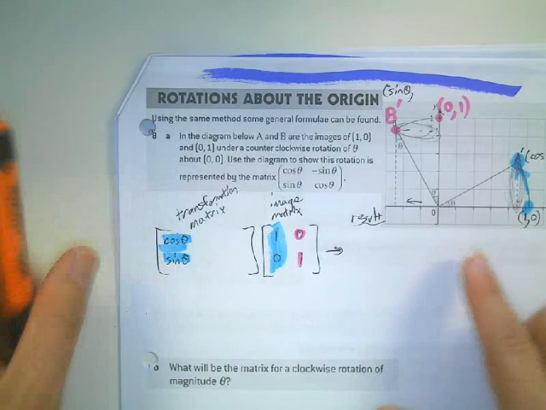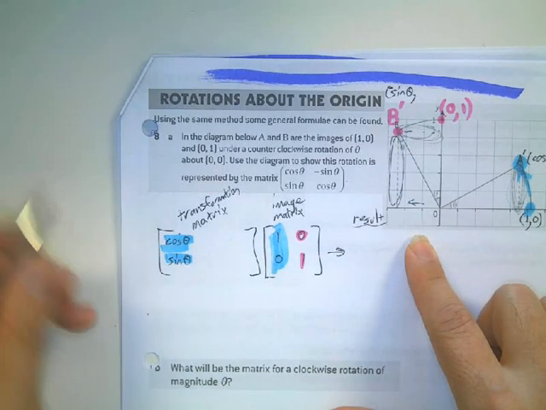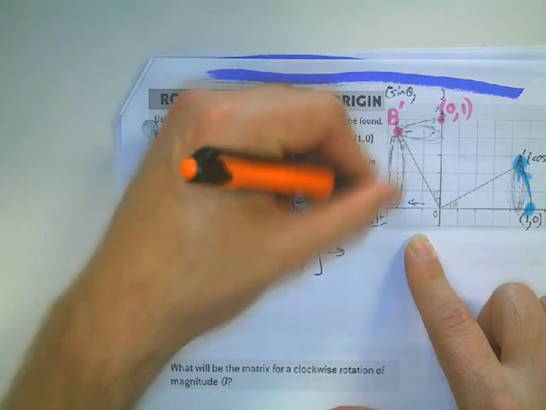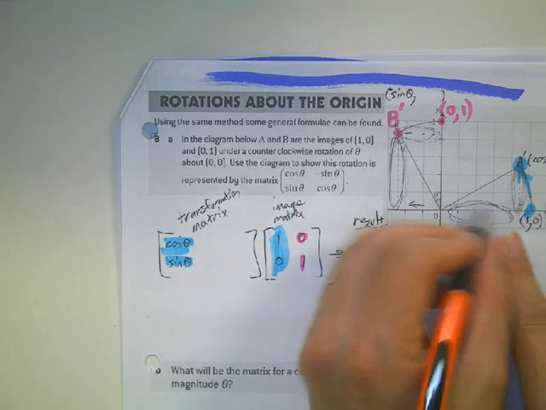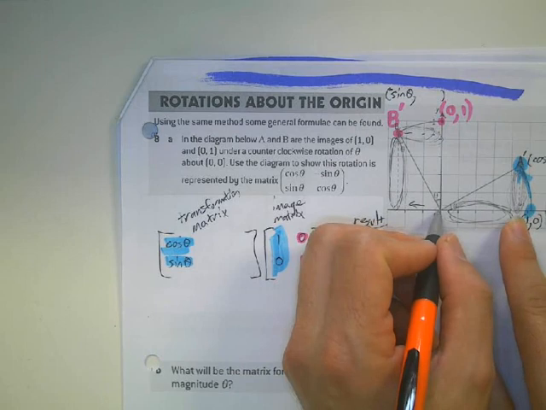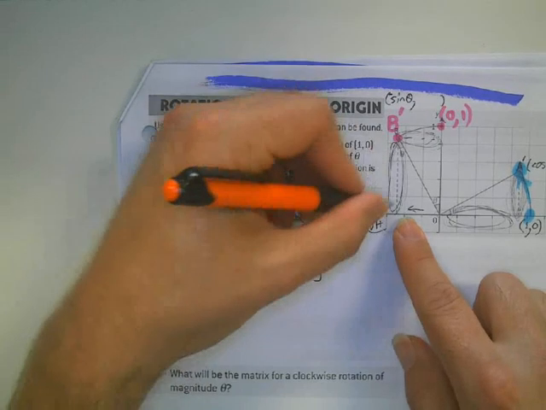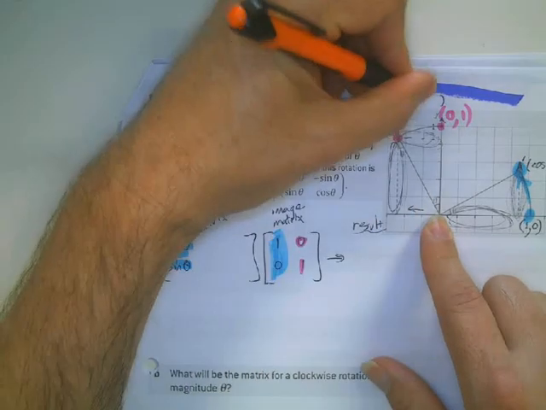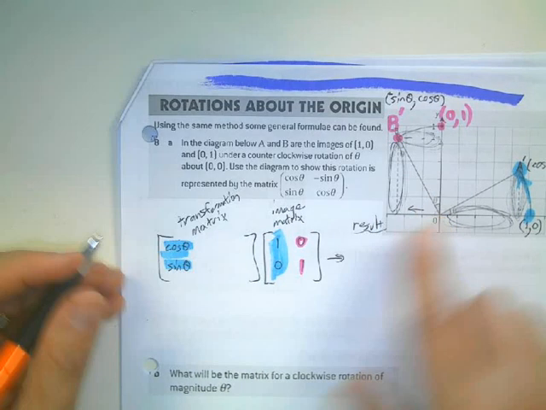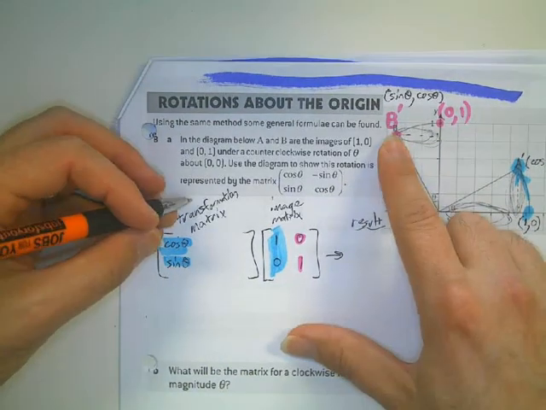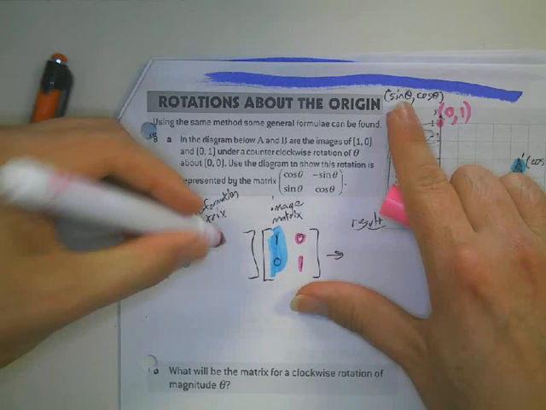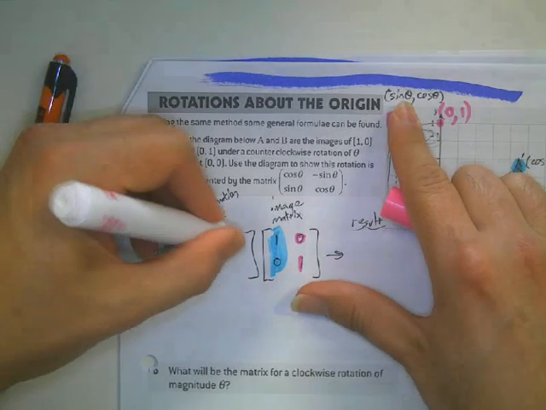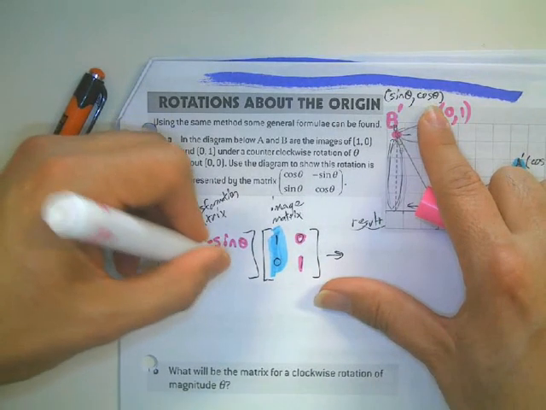Going up and down in the y value, this distance is cosine theta, so we're going positive cosine theta. So for B prime I've got negative sine theta and cosine theta.